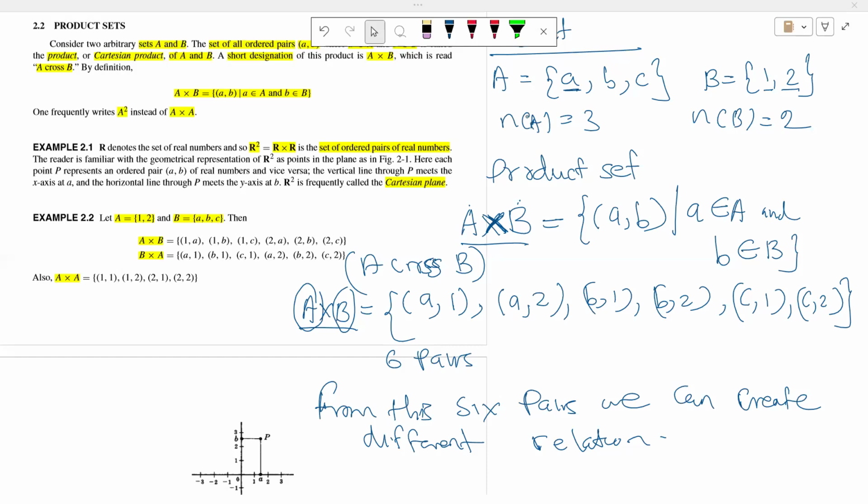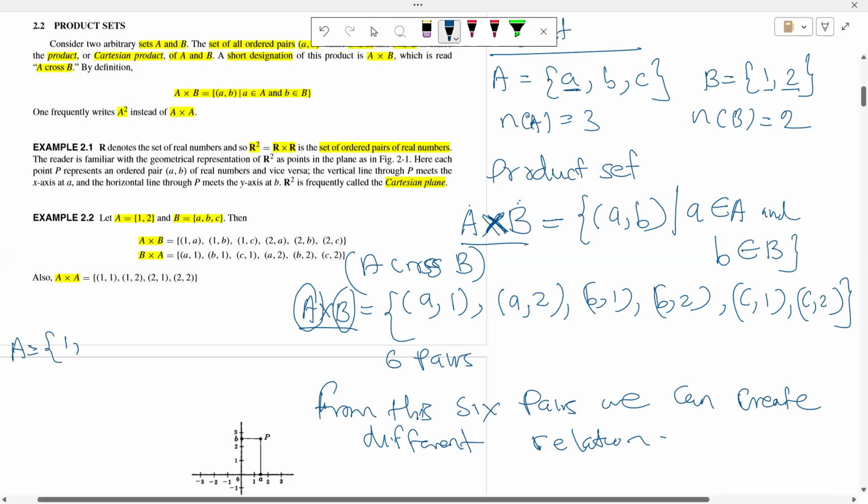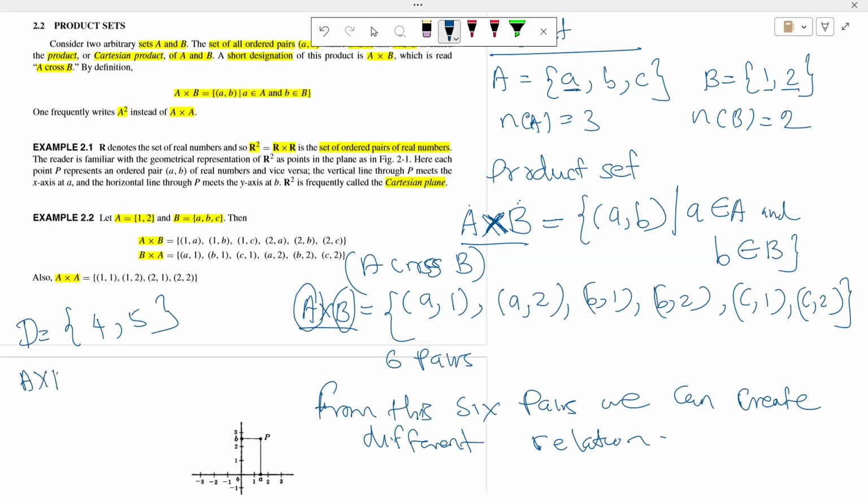But your question is correct, so how is it possible, right? Let's say A is a set A, B, C, and B is a set 1 and 2. Similarly, we have another set D. D contains 4 and 5, right? Now, if I ask you A cross B cross D, then what will happen? Tell me.